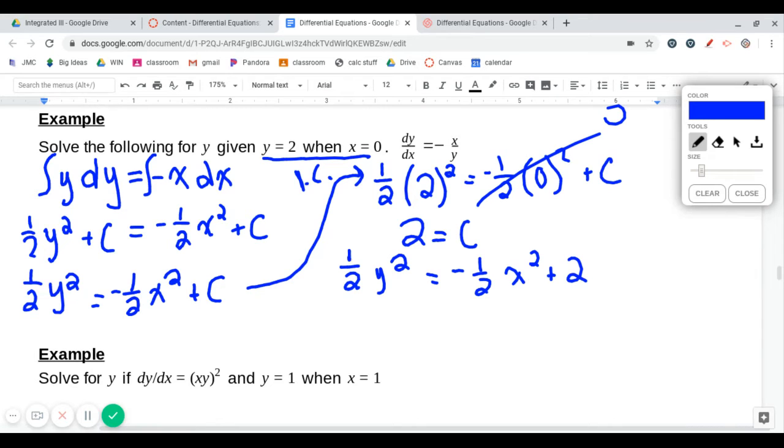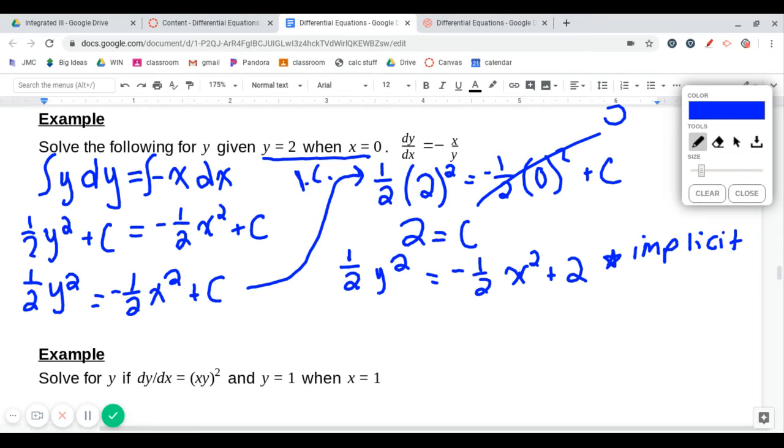Alright, now there are two different kinds of solutions you can have, an implicit solution and an explicit solution. And that just means, did you solve for y or not? So this right here is an implicit solution because we didn't solve for y. Okay, so now I'll solve for y, and that'll be the explicit solution.